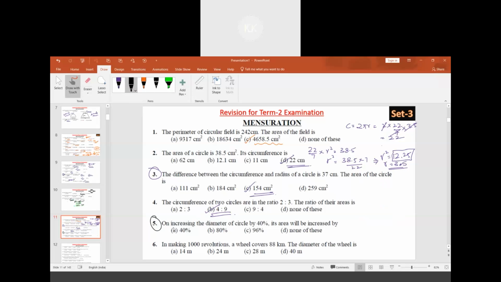Question 5. On increasing the diameter of a circle by 40%, its area will be increased by... 40% is the increase. If you consider the diameter to be 2r actual, now 40% is increased: 2r plus 40 by 100 into 2r.